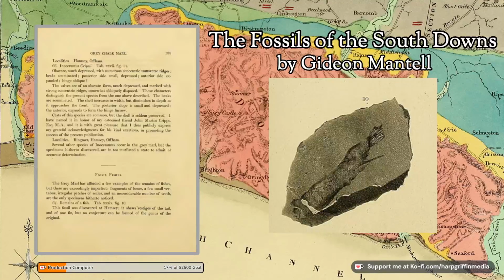Remains of a fish, tablet 34, figure 10. This fossil was discovered at Hamsey. It shows vestiges of the tail and of one fin, but no conjecture can be formed of the genus of the original.